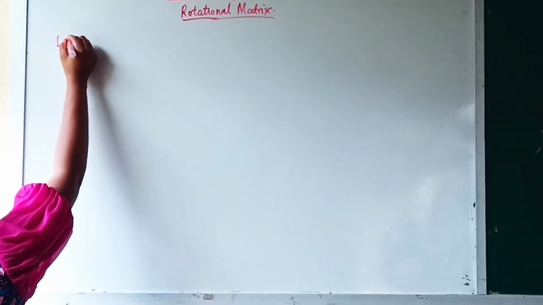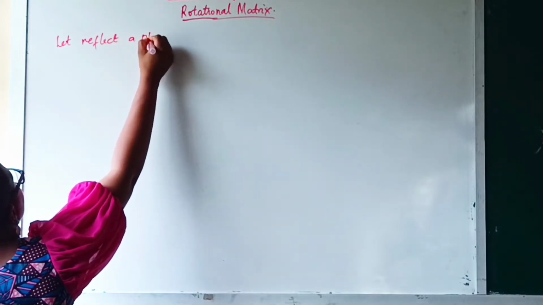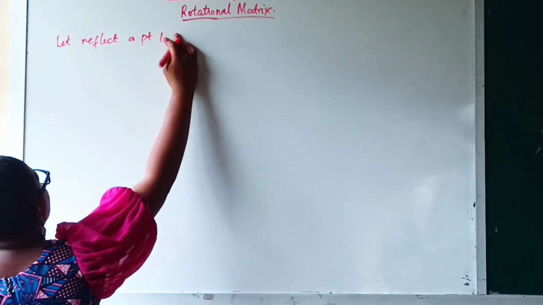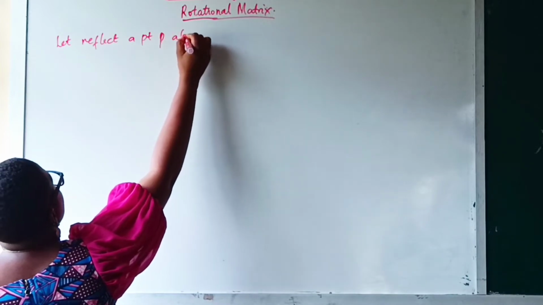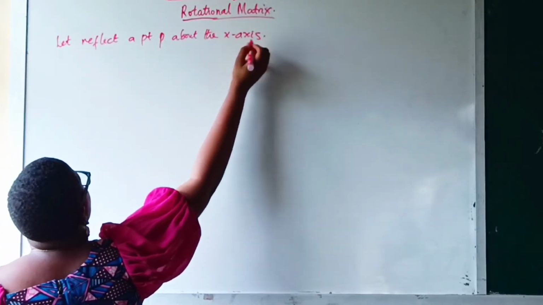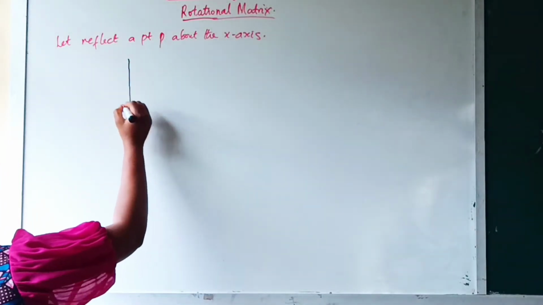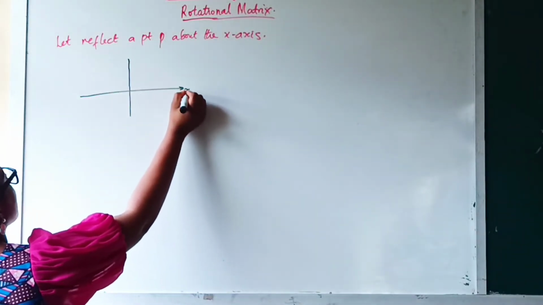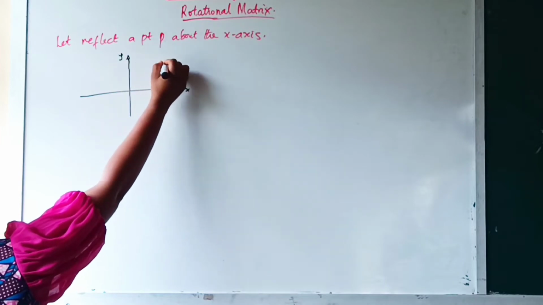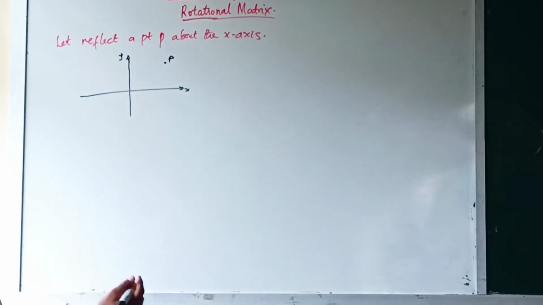Let's reflect a point P about the x-axis. When we say reflect, first of all, let's draw what it will ordinarily look like. This is x, this is y. Suppose this is P. You can put your point anywhere, it's the same procedure.